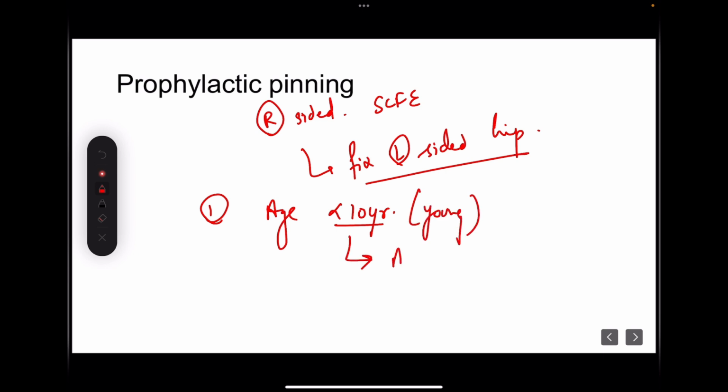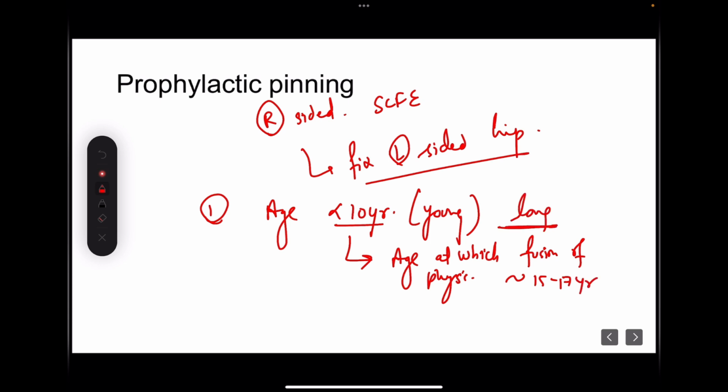Obviously, the age at which he will have fusion of the physis would be nearly 15 to 17 years. So he has a very long duration to go through before the physis fuses. During this period, he is likely to have progression of slip. So we don't want to take a risk. Just fix the opposite side also.